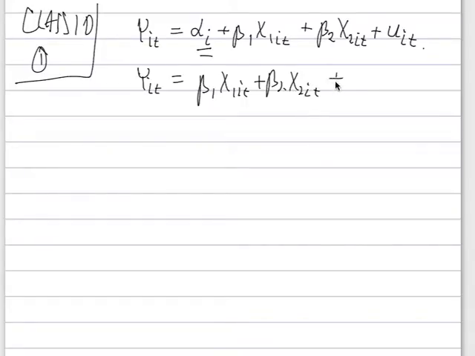I'm taking it slowly because this is important that you understand this. If we didn't include anything, no fixed effects, alpha I becomes part of our new error term, EIT, and EIT is now possibly correlated with either of the x's. It means beta 1 and beta 2 are not unbiased. They are biased now because it's a classic case of a biased estimator, and it will also be an inconsistent estimator.